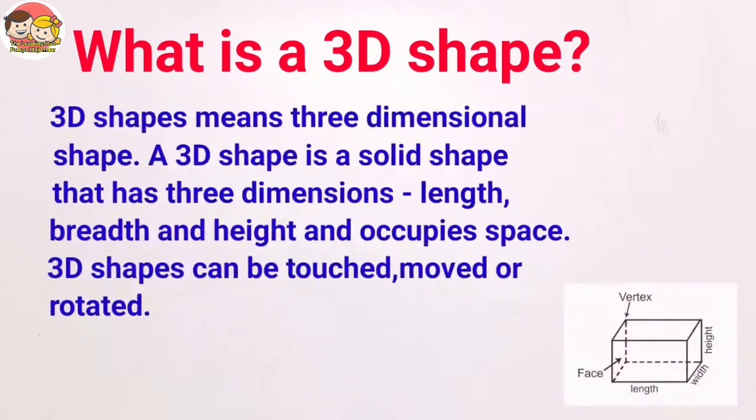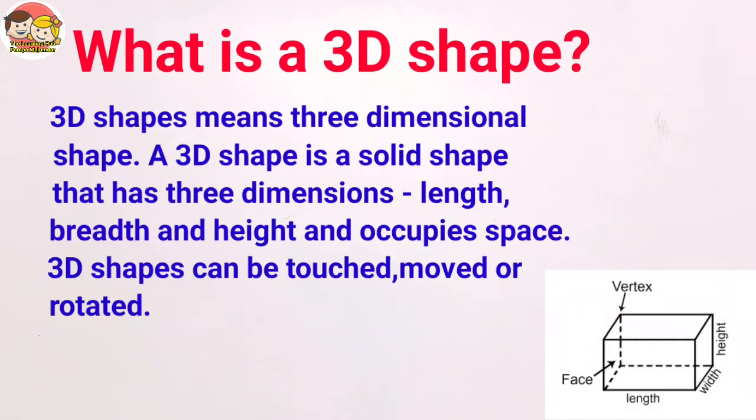What is a 3D shape? 3D shapes means three-dimensional shape. A 3D shape is a solid shape that has three dimensions: length, breadth, and height, and occupies space. 3D shapes can be touched, moved, or rotated.